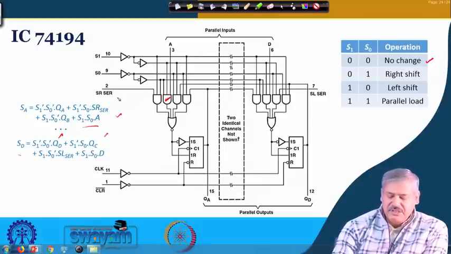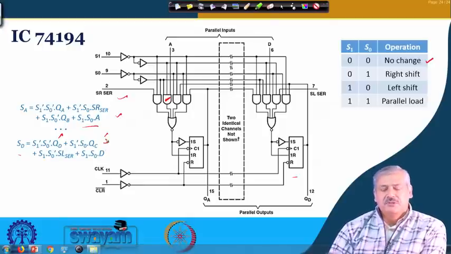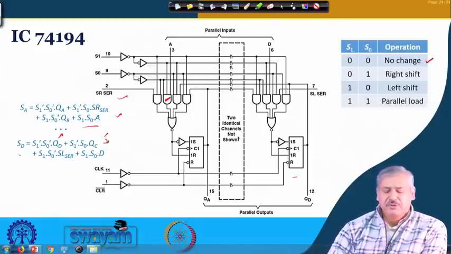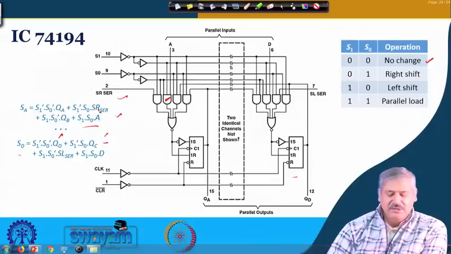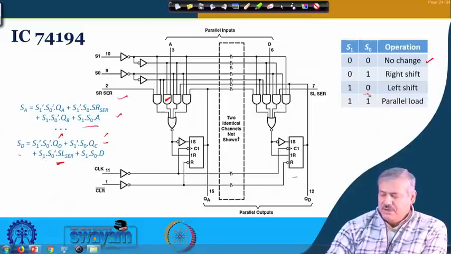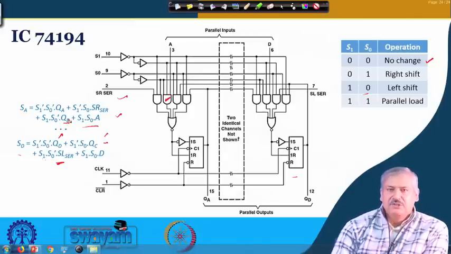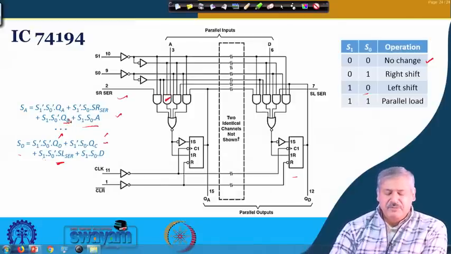Earlier it was serial in, in this case it will be QC, coming from the right shift. So QC will be the input of this one. And for S1 being 1 and S0 being 0, this was QB here, so it is a left shift operation, from QB it was coming to QA.